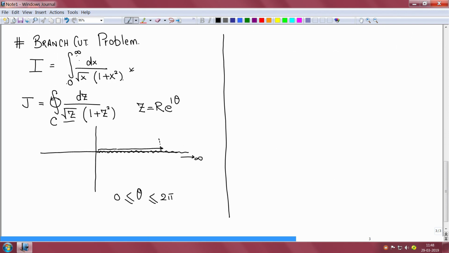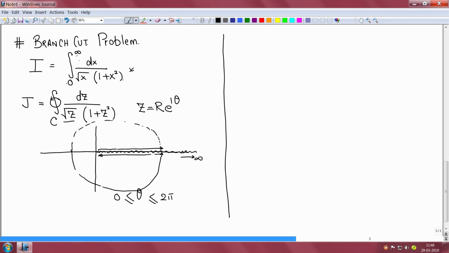Then I take a circular arc and go around, and I come back here. Now this is a cut, so I cannot cross. So now I go along the cut till 0.